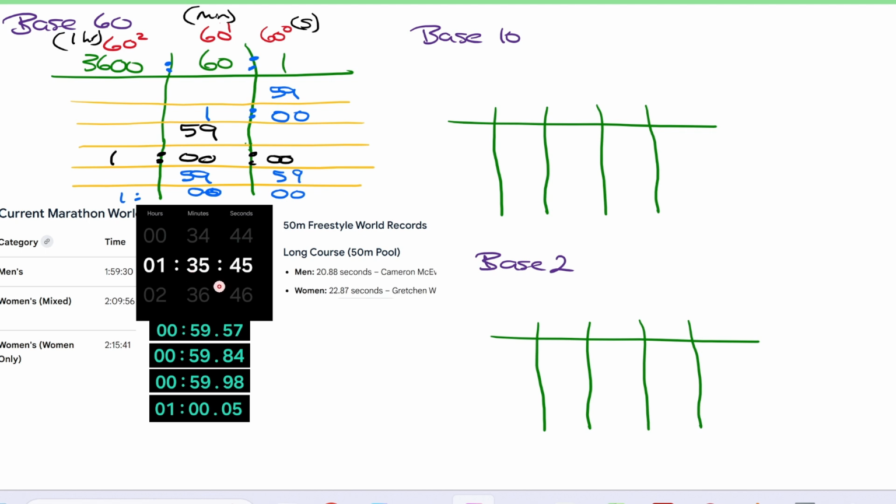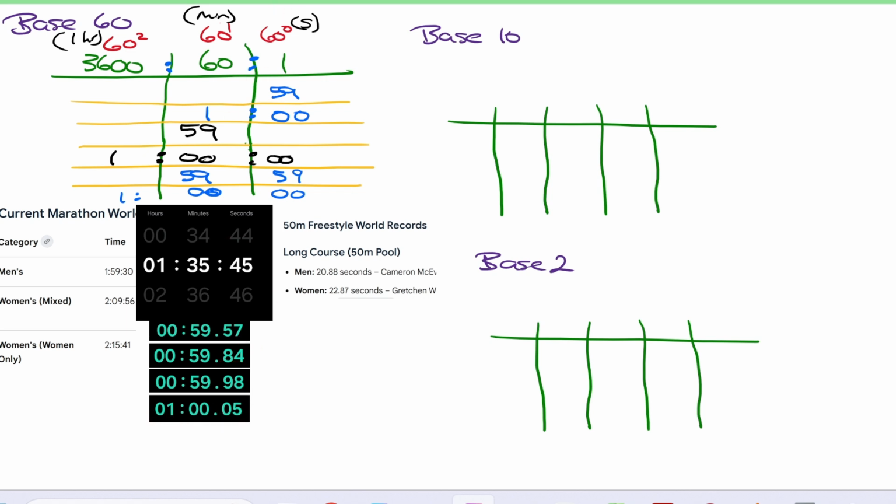And I actually used the stopwatch to record 1 minute. So I was madly trying to stop it. You know, I stopped it at 59:57 and let it go again. And then look at what happened. I went to 57, I went to 84, I went to 98, and then I went to 1 minute.